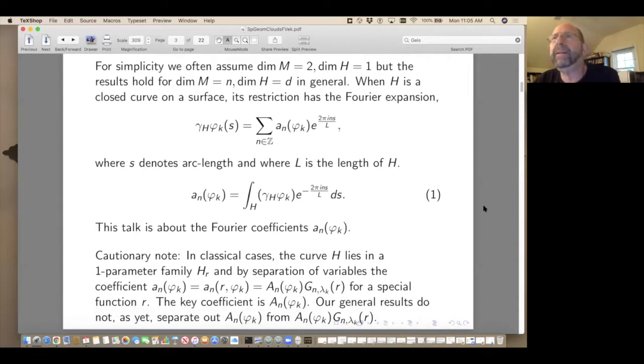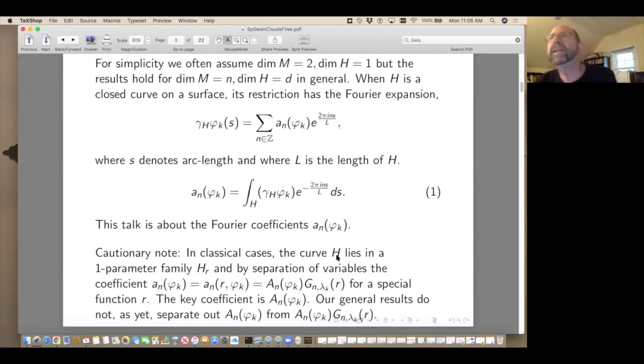So this is the first cautionary note, which I will repeat as time goes on, that when people talk about Fourier coefficients of eigenfunctions, very often they don't really quite mean these Fourier coefficients.